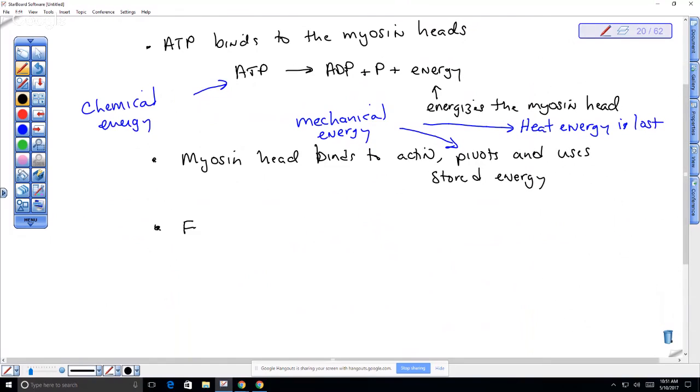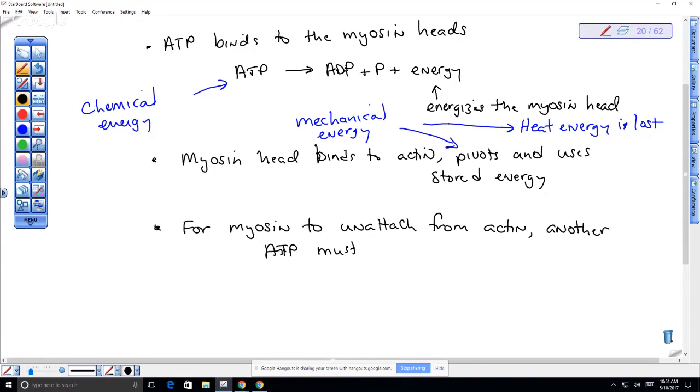So for myosin to unattach from actin, another ATP must be bound. Okay.